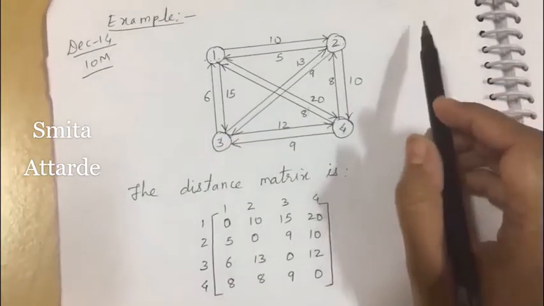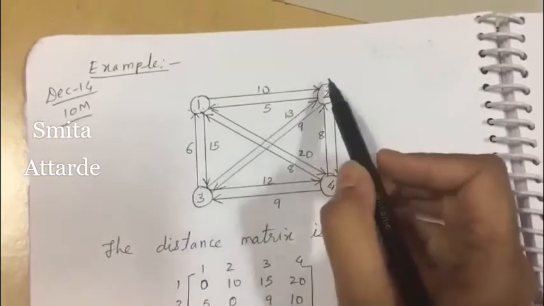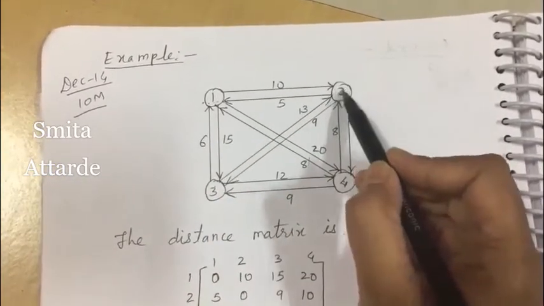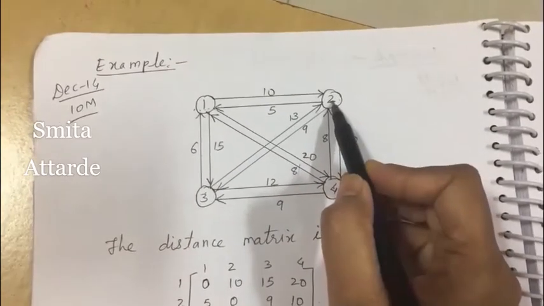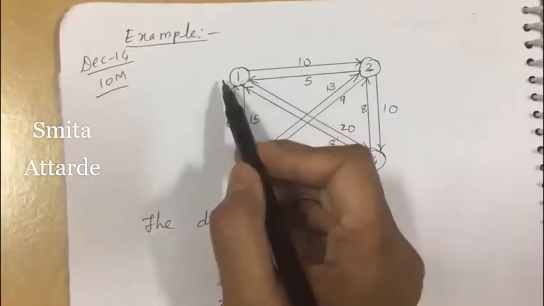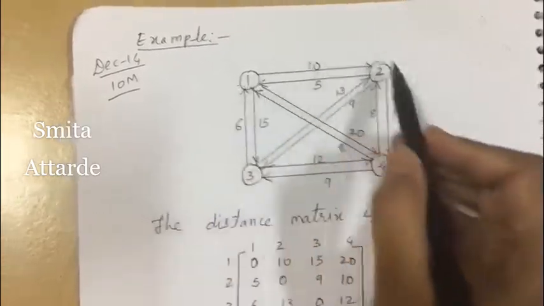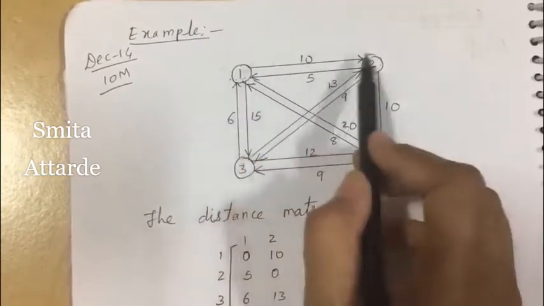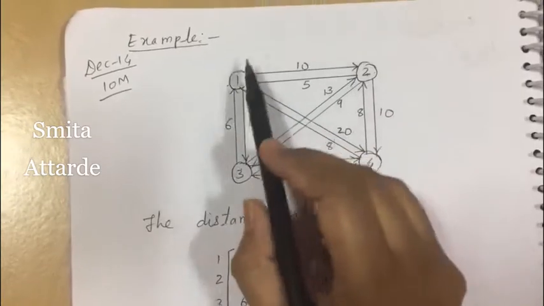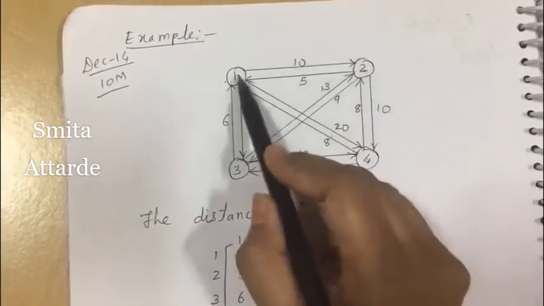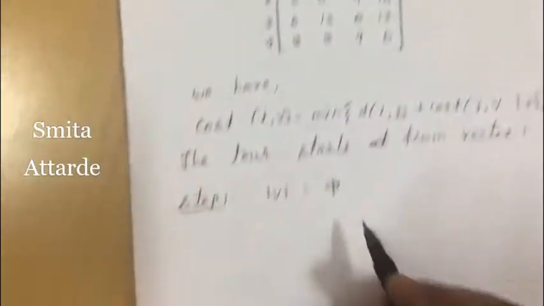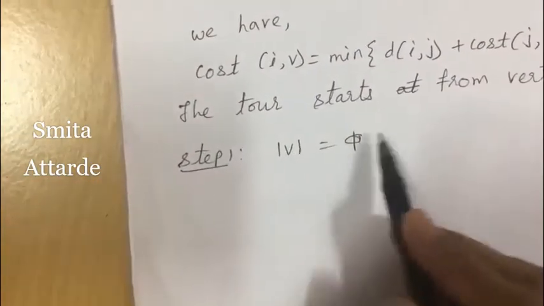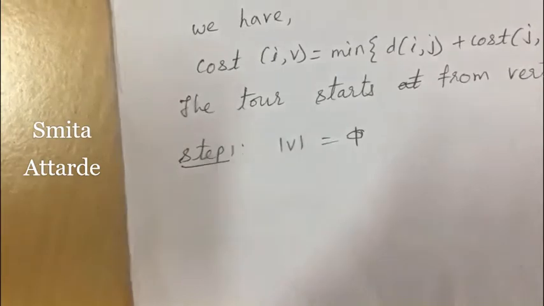In the first step, we'll assume that the salesman is at vertex 2 and he has to go back to vertex 1 directly. That is, there is no intermediate vertex between 1 and 2. That is, there is a path from 2 to 1 and there is no intermediate vertex in between. So that will be our first step, when the intermediate vertices are null, that is when the distances are directly given.